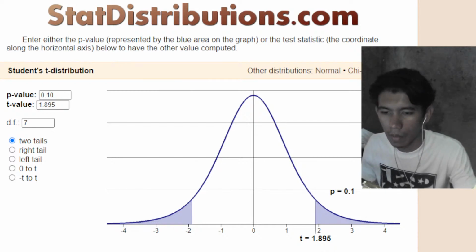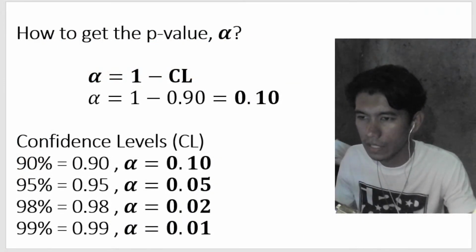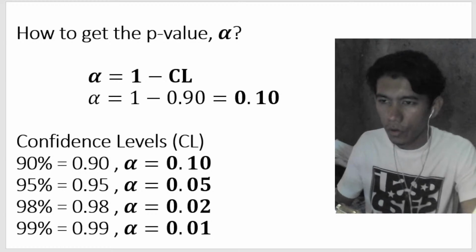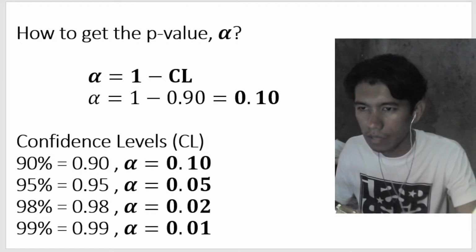So again, let's recap what just happened here. We decided that we are going to use the confidence level of 90%. If the confidence level is 90%, we subtract 0.9 from 1 and it becomes 0.10.